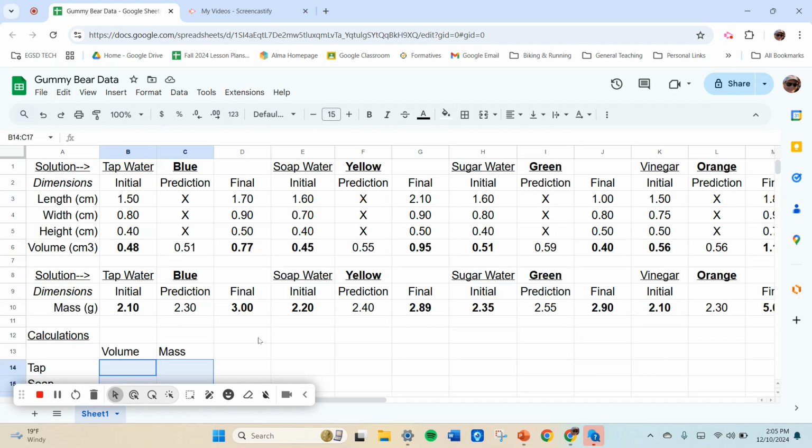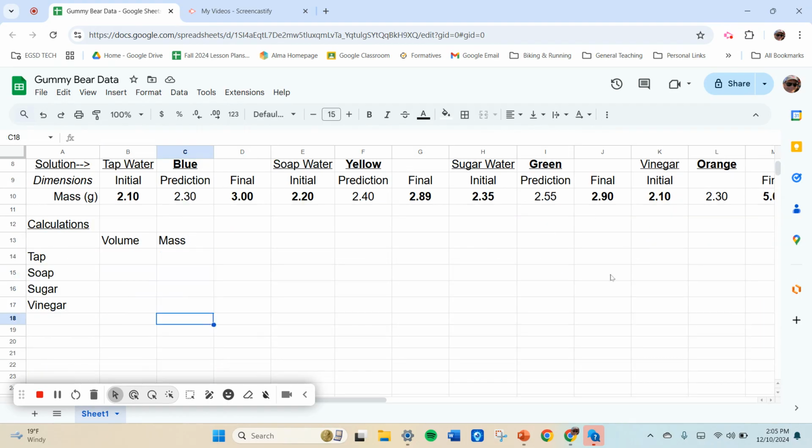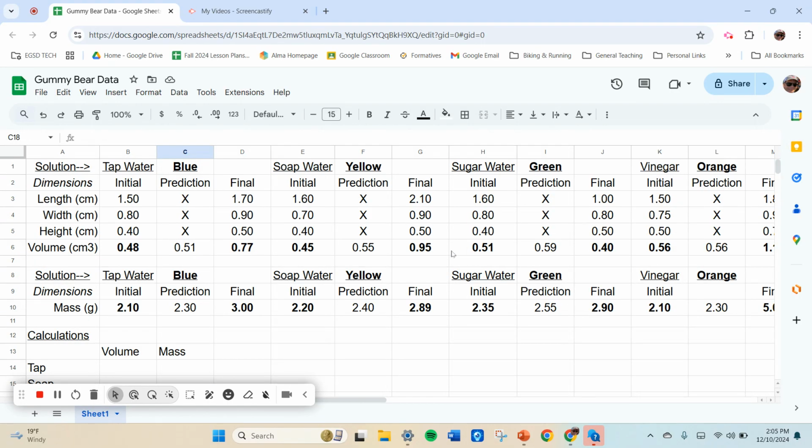So the percent back formula is pretty simple. For tap water, look at my formula bar: equals, open parentheses, final volume minus initial volume, close parentheses, divide by initial volume.